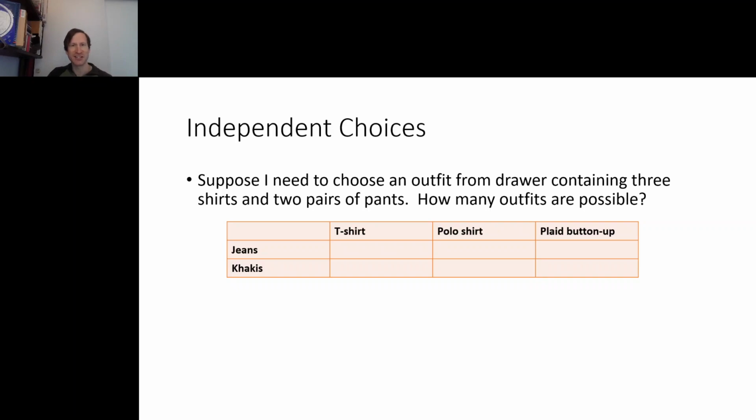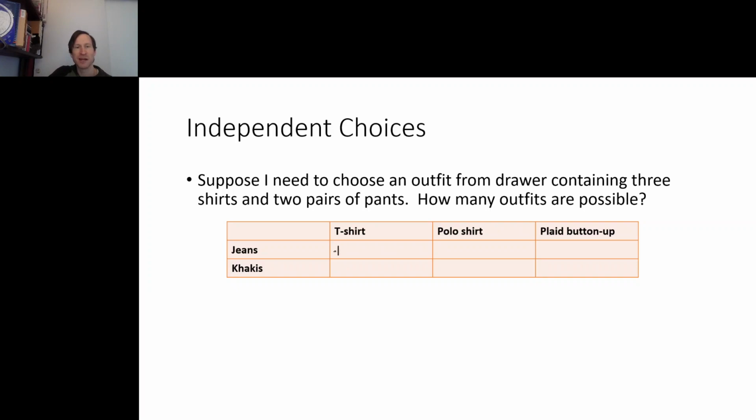It's actually related to something that we've seen before. Suppose I need to choose an outfit. My drawer contains 3 shirts and 2 pairs of pants. How many outfits are possible? So these 2 choices that I need to make are totally independent of each other.